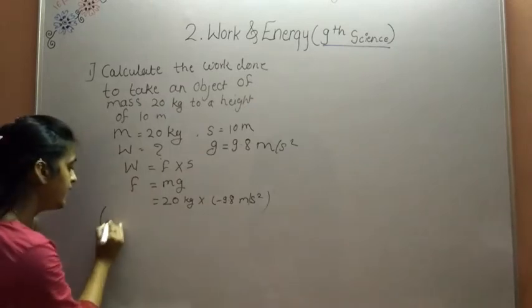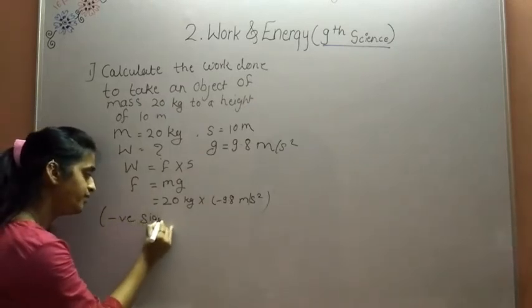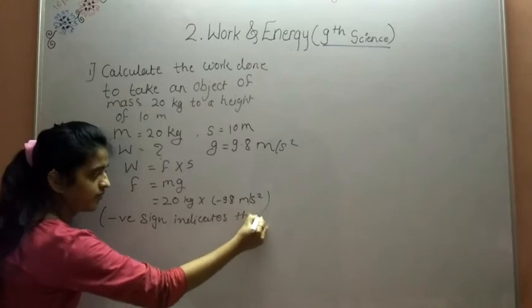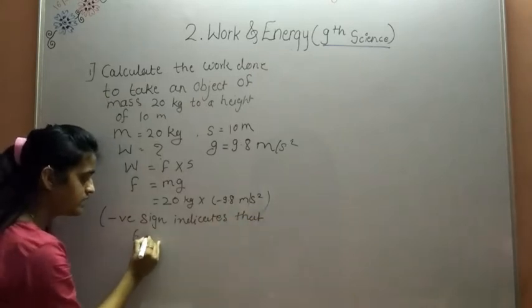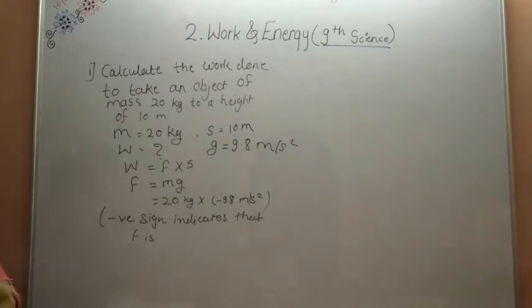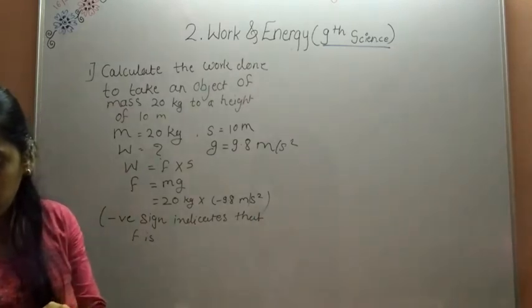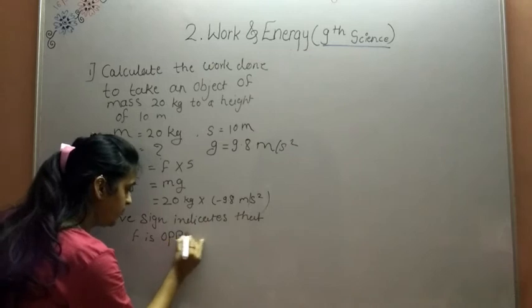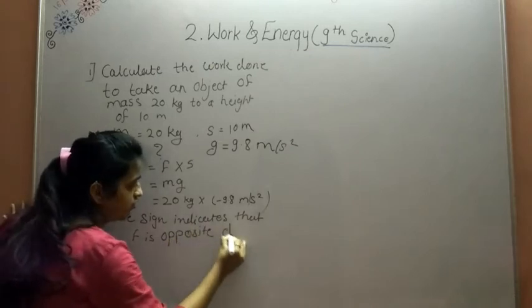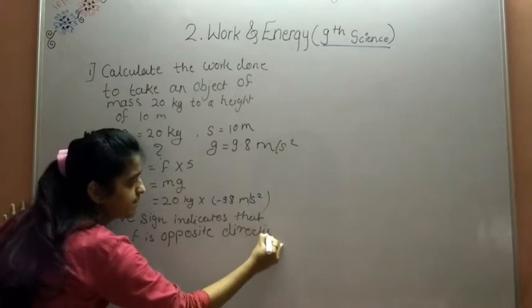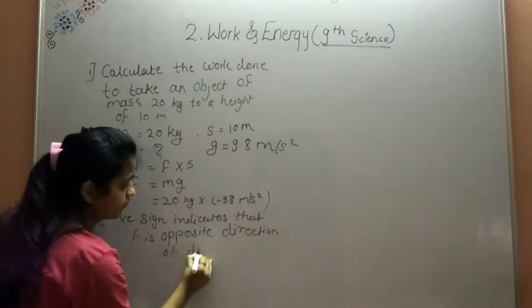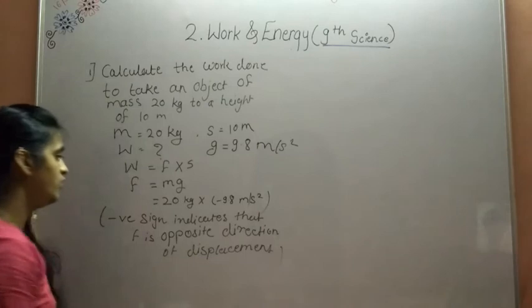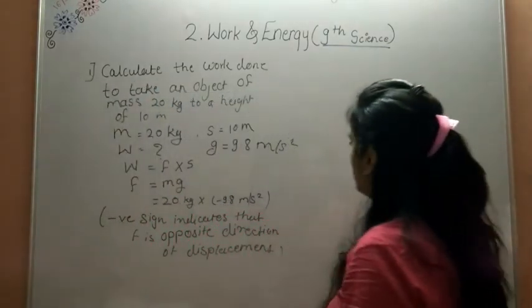This negative sign indicates that the force is in the opposite direction of displacement. So this is the answer: 20 into minus 9.8.